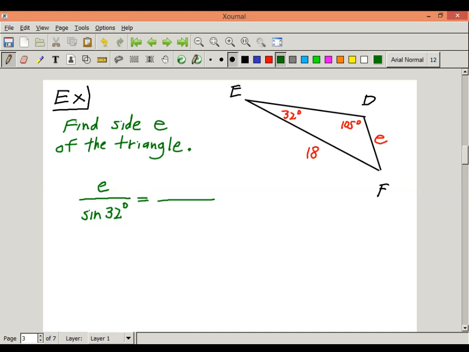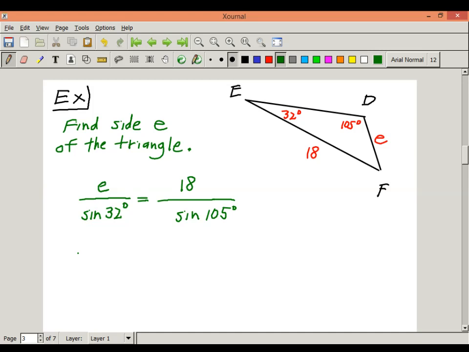And then we're going to set that equal to another side angle pair, so 18 divided by the sine of the angle opposite it, so sine of 105. So there's your proportion. Just going to solve it like we always do by cross multiplying.